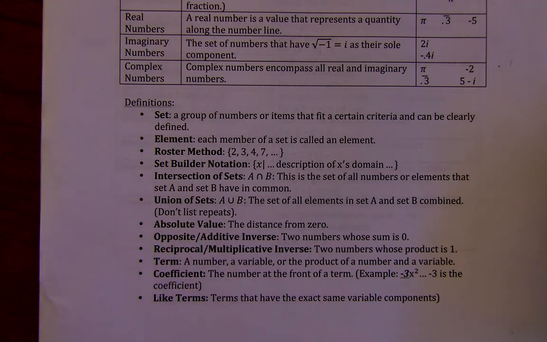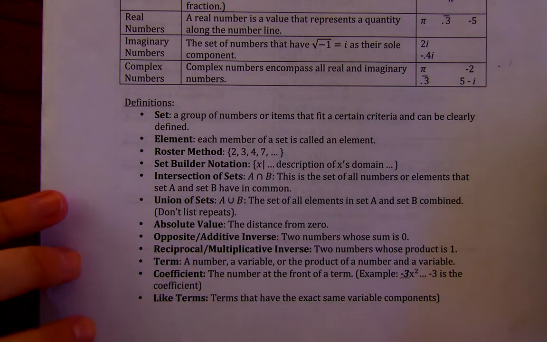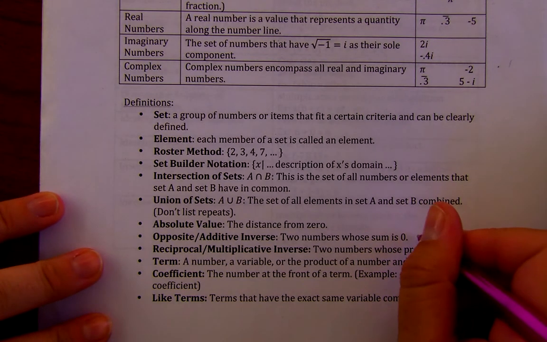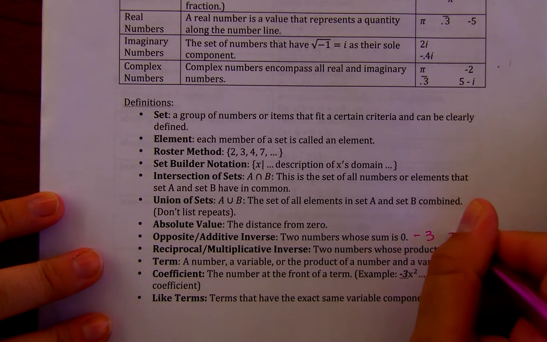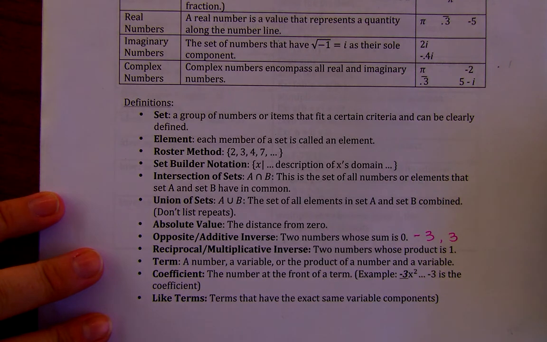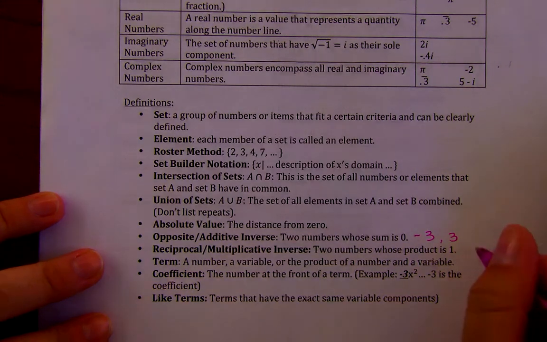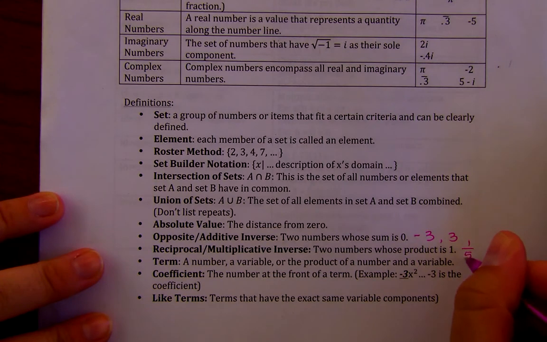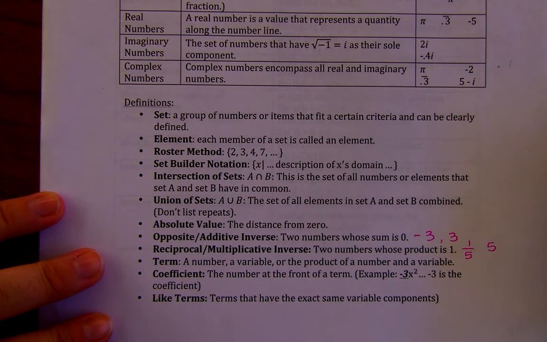Now, most of you are familiar with absolute value. It's the distance from 0. We also have opposites or additive inverses. So, for example, numbers that are opposite to one another would be like -3 and 3. Those are additive inverses. We also have multiplicative inverses, so that could be something like 1/5 and 5, so that when you multiply them, you get 1.